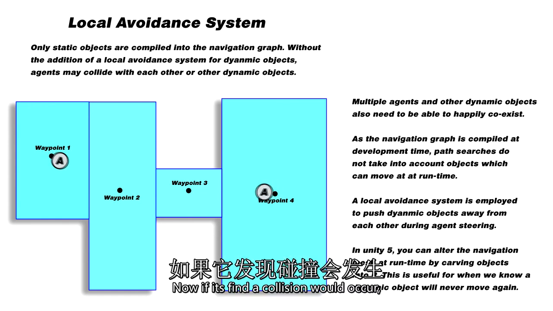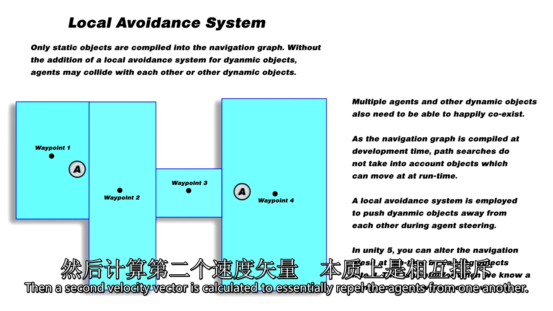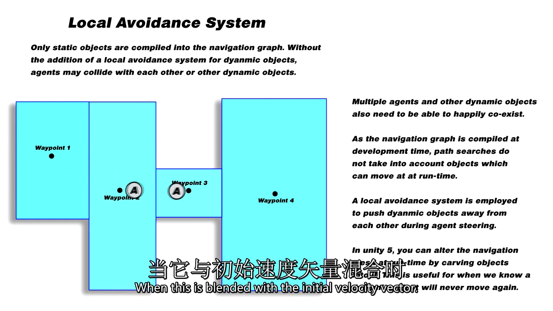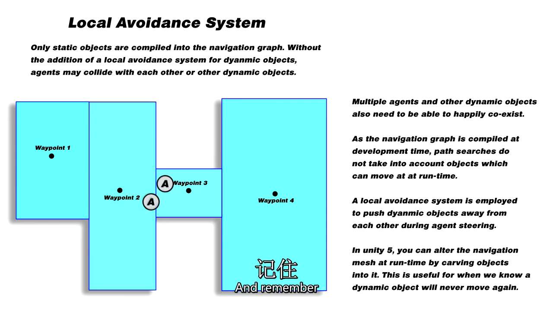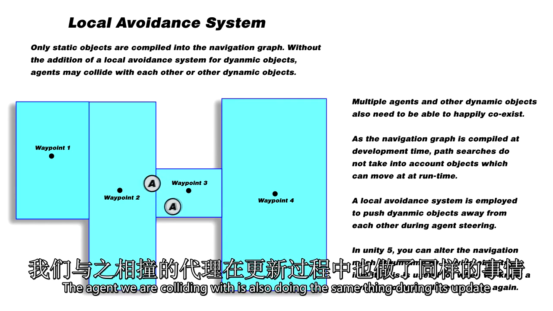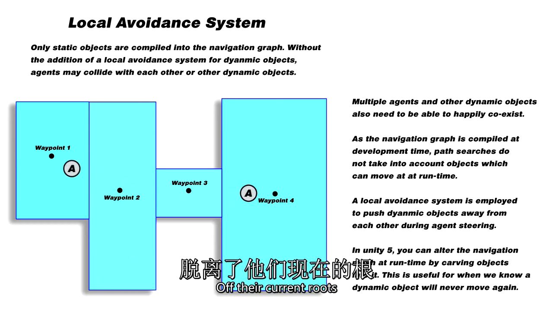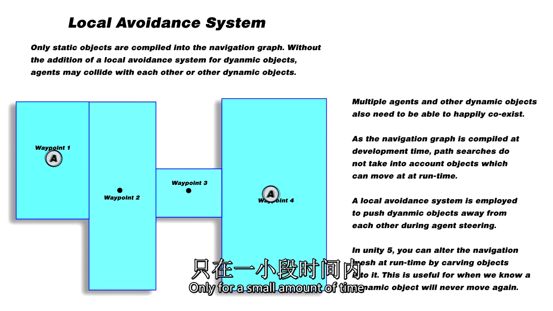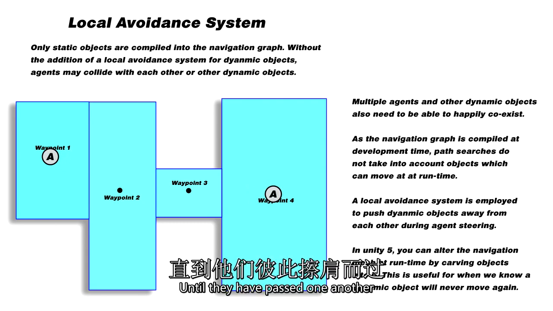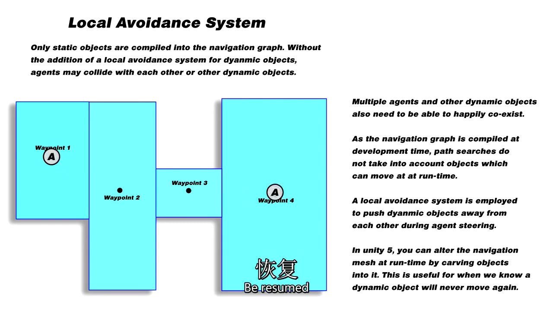If it's found that a collision would occur, then a second velocity vector is calculated to essentially repel the agents from one another. When this is blended with the initial velocity vector, and remember, the agent we are colliding with is also doing the same thing during its update, agents will essentially act like magnets with matching poles, repelling each other off their current routes only for a small amount of time until they have passed one another, and then their route can be resumed.